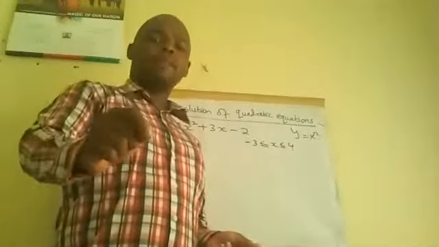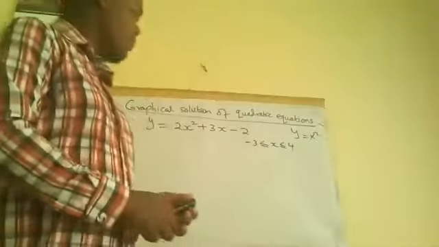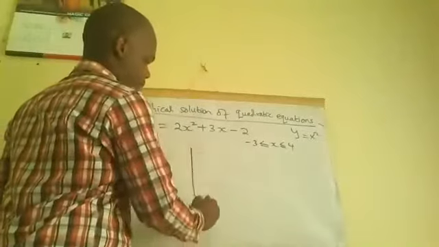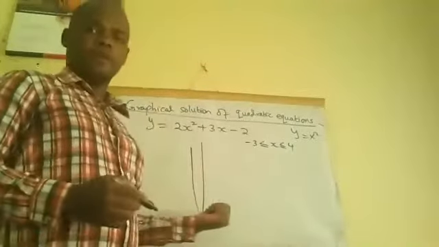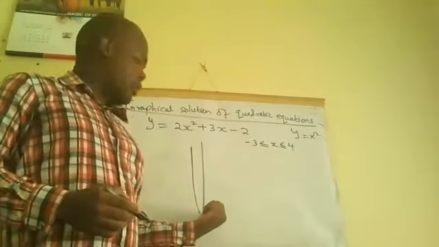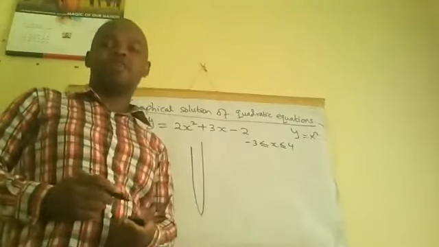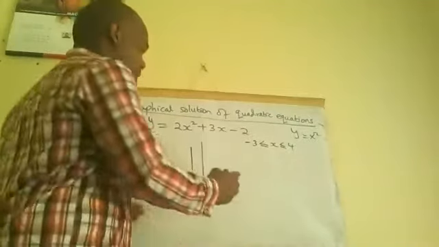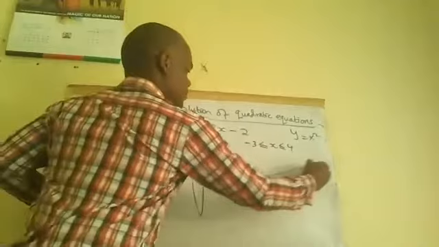And sometimes you find students drawing graphs like this. This is a very crazy graph because you will not be able to read some values. So make sure your graph is proportional. Another person will draw a graph like this.